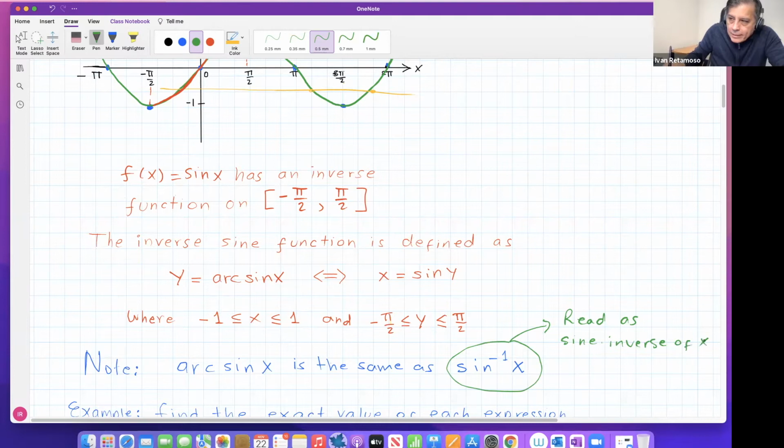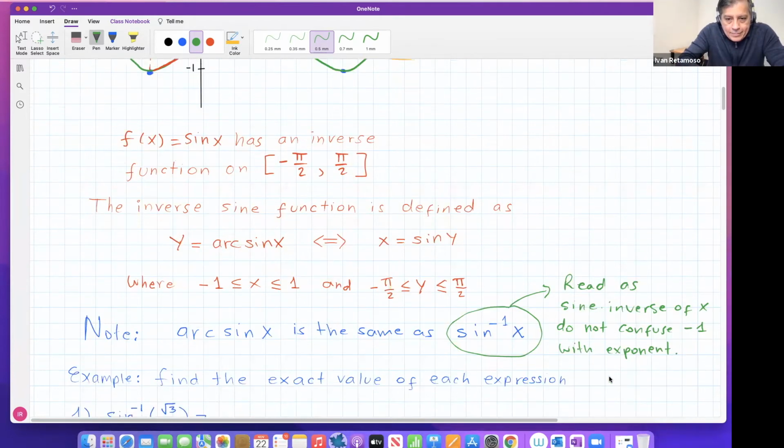Do not confuse the -1 with the exponent. It's not an exponent, it just means sine inverse, okay? All right, great.